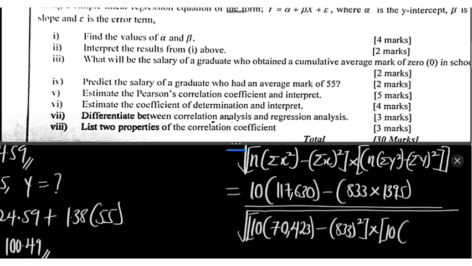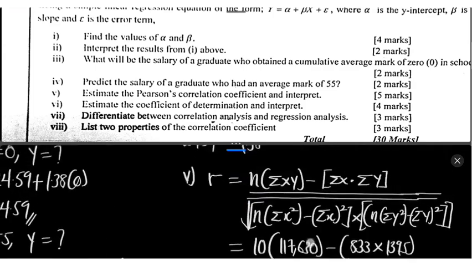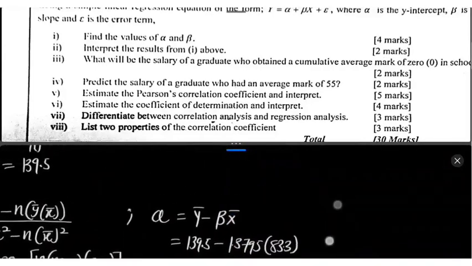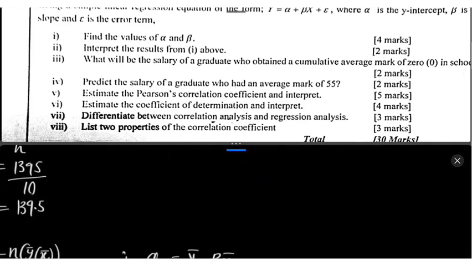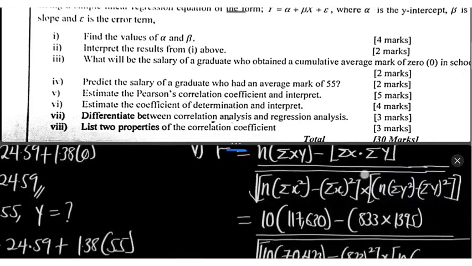Then we also have summation y squared. Summation y squared from our table is 210,325.